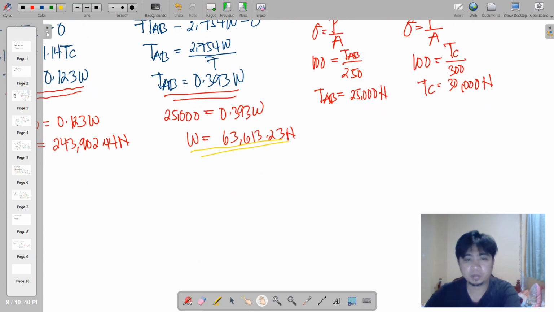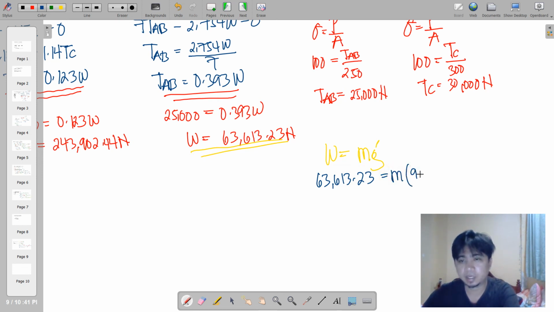Now we are after the mass, so therefore we need to express that in terms of mass because weight is equal to mass times acceleration due to gravity. So we just have to substitute 63,613.23 is equal to the unknown mass times acceleration due to gravity. So therefore mass will be equal to 6,484.53 kilograms.